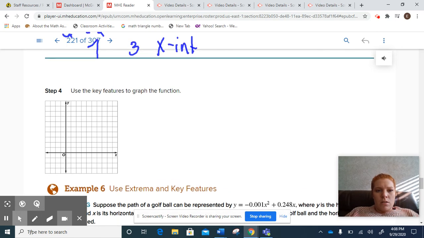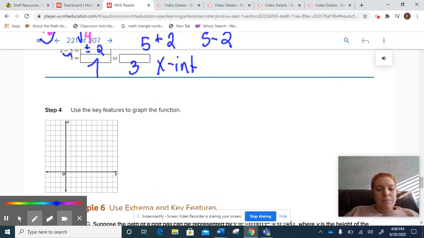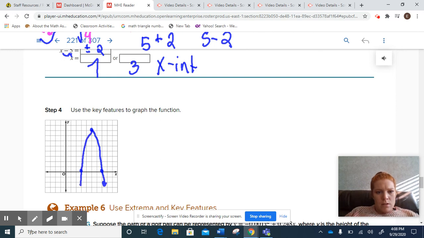So let's put on the 7 and 3, like normal. 3, 7, we said 5 and 8. 1, 2, 3, 4, 5, 6, 7, 8. And I'm going to just go ahead and sketch that without the y-intercept because the y-intercept is way down low.